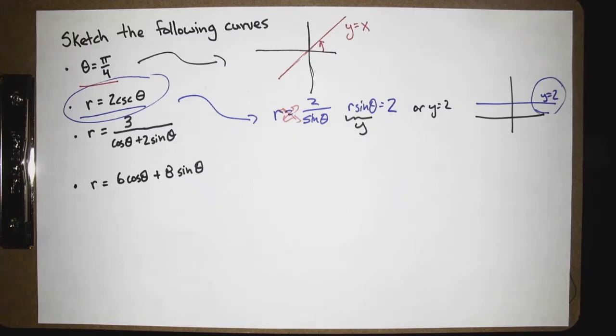Okay, r equals 3 over cosine theta plus 2 sine theta. What happens here? What can we do? Cross multiply, right? The trick's so nice, we'll do it twice. Now, of course, if something works one time, it's a trick.